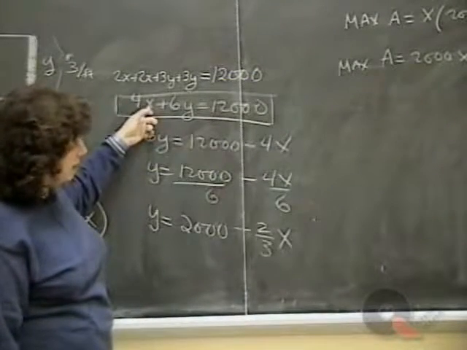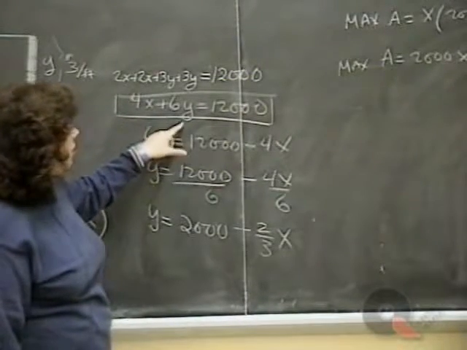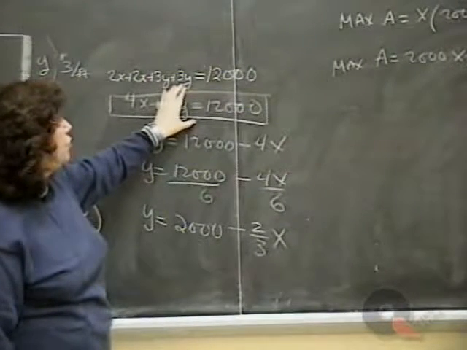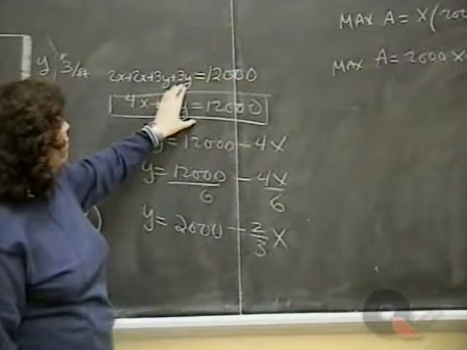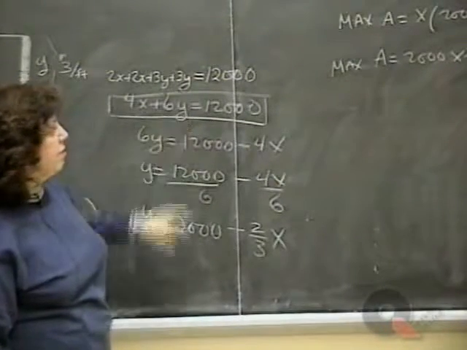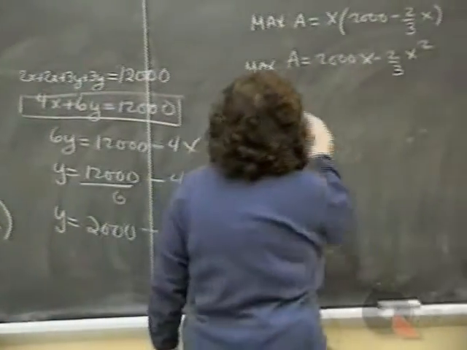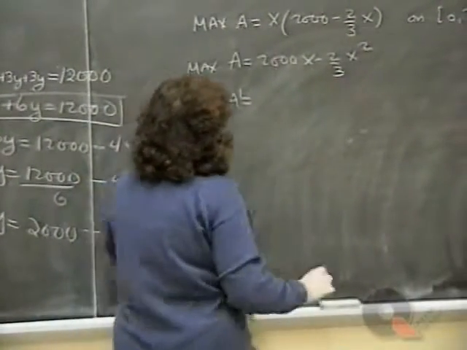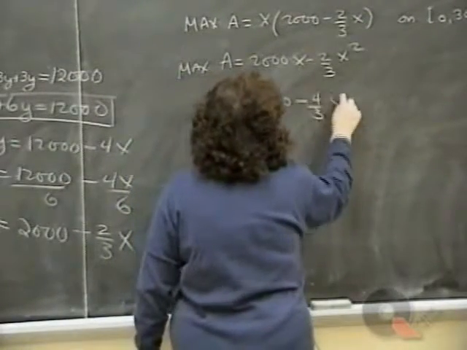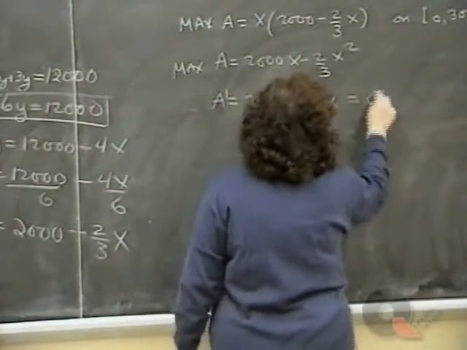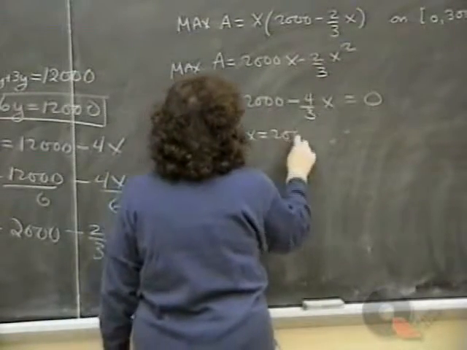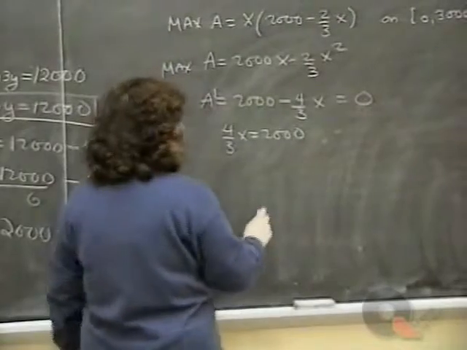And to figure out how big x can be, I take this equation, I said, well, the biggest x will be as if y was 0, in which case 4x would be 12,000, so I know the upper bound for the x would be 3,000. 4x is 12,000, x would be 3,000. Okay, taking the derivative to get the critical numbers, 2,000 minus 4/3 x, and setting it equal to 0. 4/3 x is equal to 2,000.